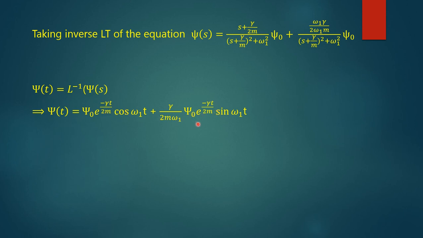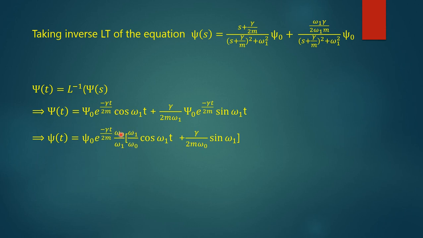Now this equation can be written in standard form, in this way. We take the common factor psi 0 e to the power minus gamma t by 2m and omega naught by omega 1. Then this can be written as omega 1 by omega naught; this cancels and this cancels.